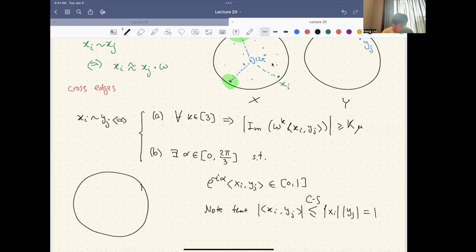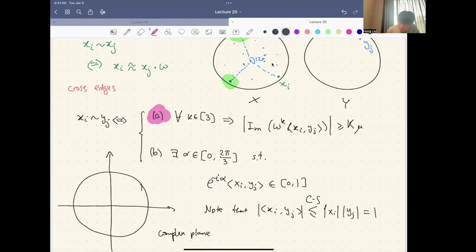Okay. So look at the complex unit disk on the complex plane. What the first condition is saying is that there's some strip we're going to exclude.